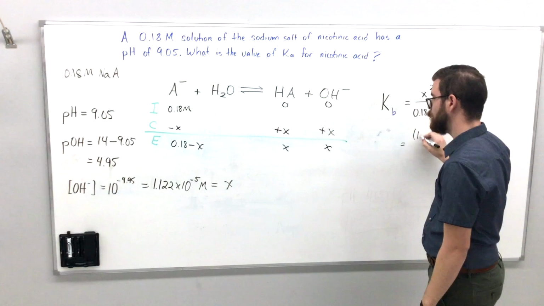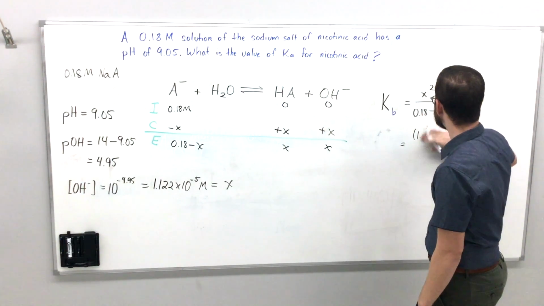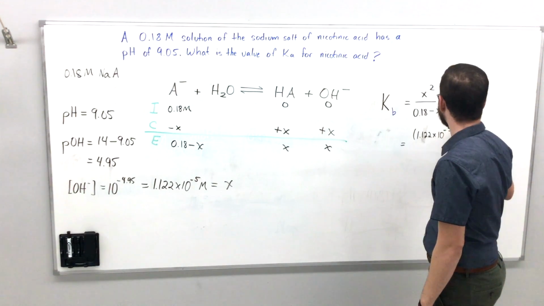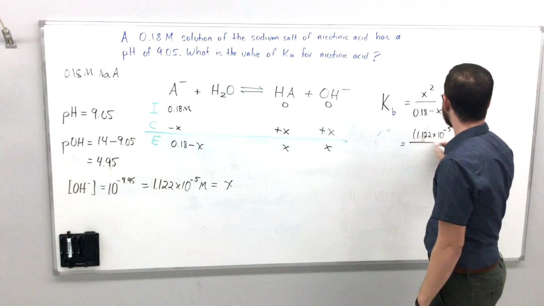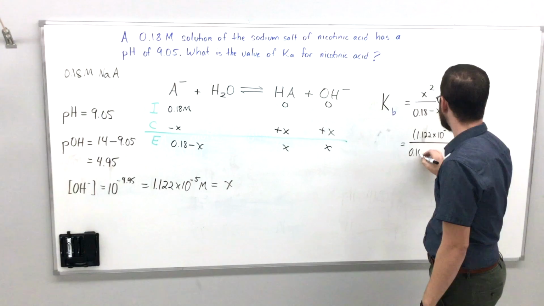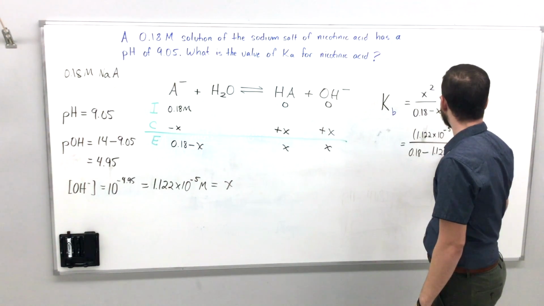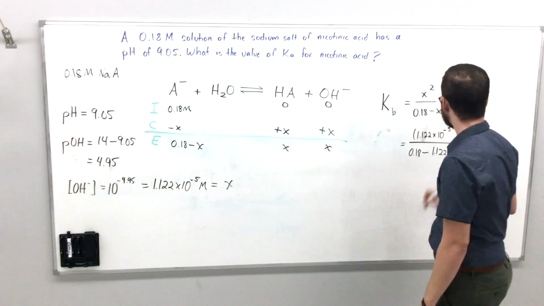That's it. So let's plug that value in. I'm going to plug in 1.122 times 10 to the minus 5th squared. Divide that by 0.18 minus 1.122 times 10 to the minus 5th.